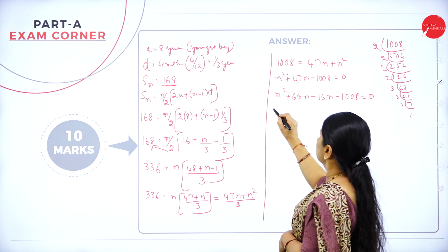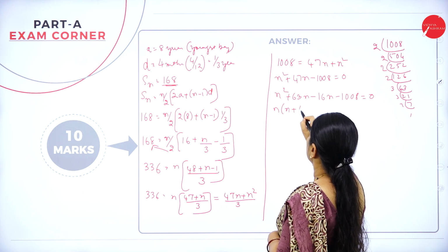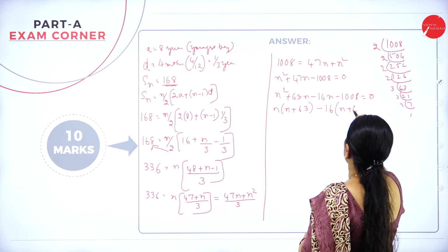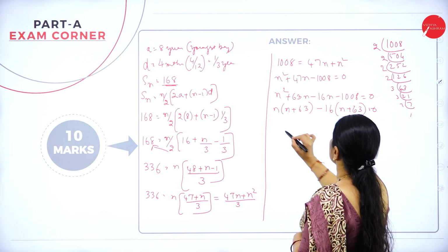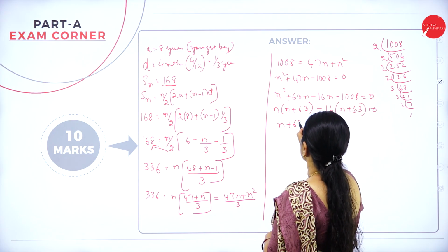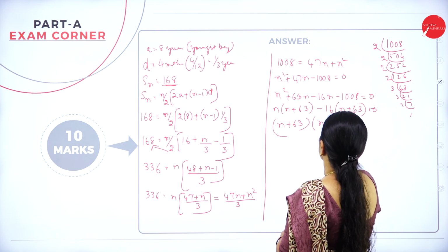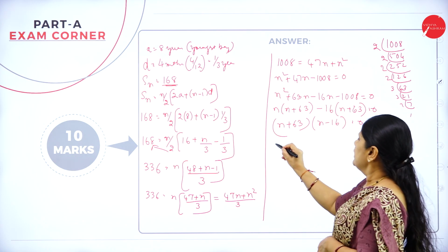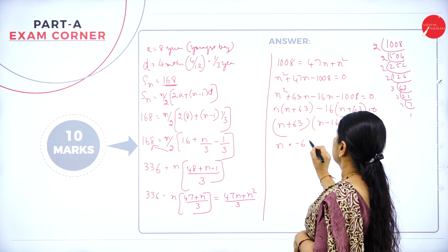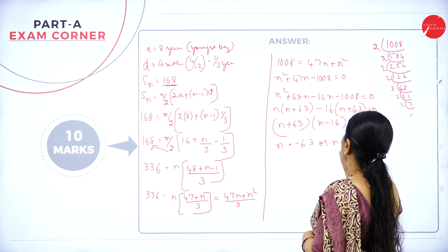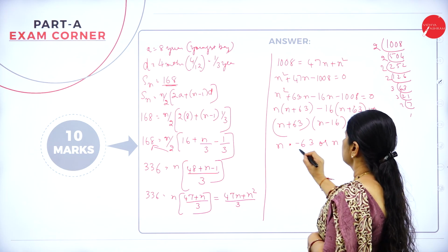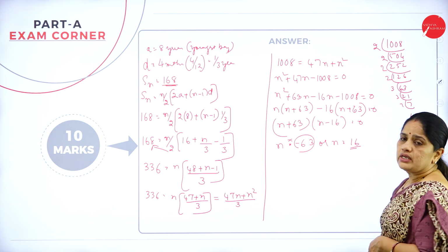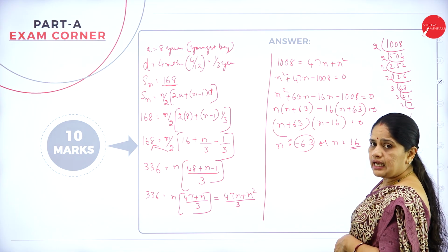So what is common here? n is common. So n plus 63 minus 16 into n plus 63 equals 0. So n plus 63 into n minus 16 equals 0, so n equals minus 63 or n equals 16. Since this is a negative sign, we don't take it into consideration. So n equals 16 is the answer.